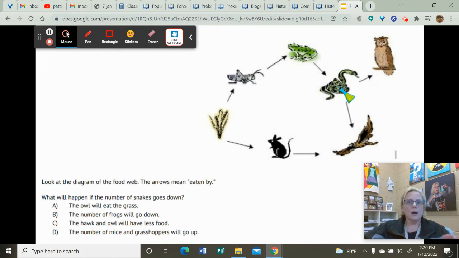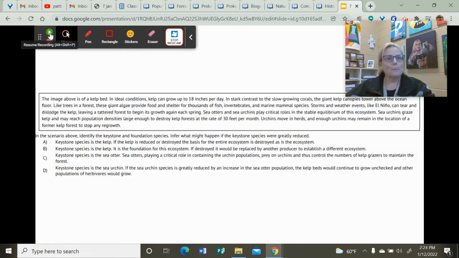Like say, okay, I've got 100 snakes and the number of snakes goes down to 20. So that means only 20 snakes will eat frogs. I'll have more frogs. If I have more frogs, then I'll have more of these. So sometimes that's the little test taking tip that I would give you to get this one correct.